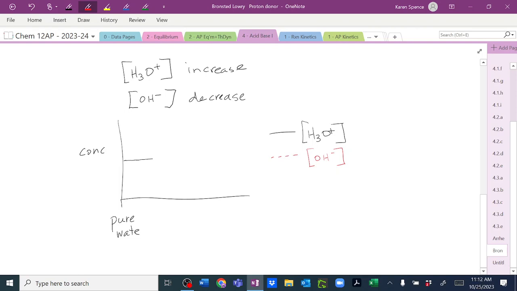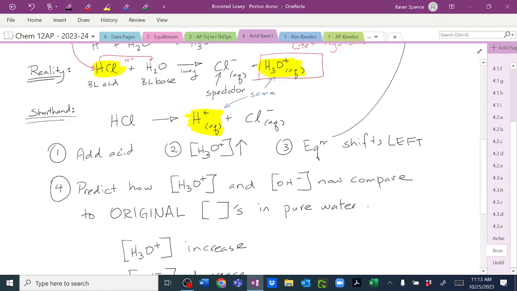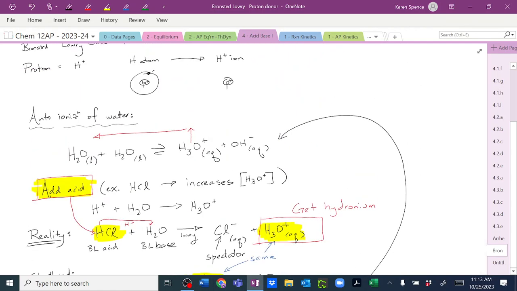In pure water, they are the same, yes? Because when the water autoionizes, we have a 1-to-1 relationship. When it dissociates, they're equal.